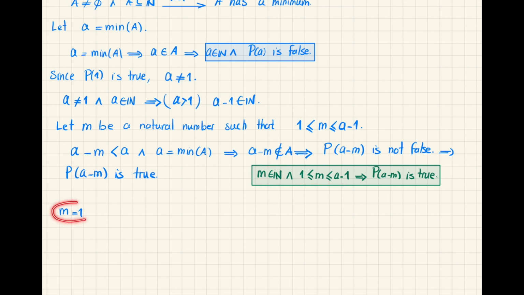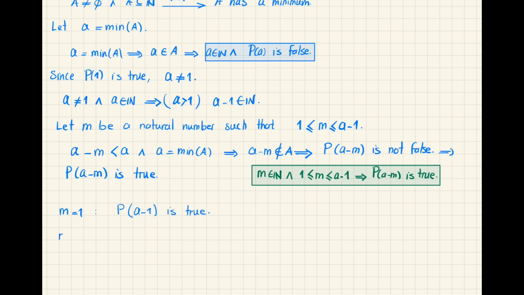So M equal to 1 is one possible choice for M. And then, regardless of the value of M that I choose from this interval, P of A minus M is true. So this means that I know that P of A minus 1 is true.